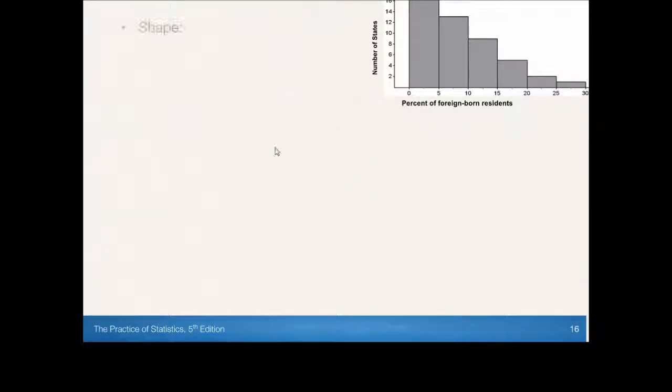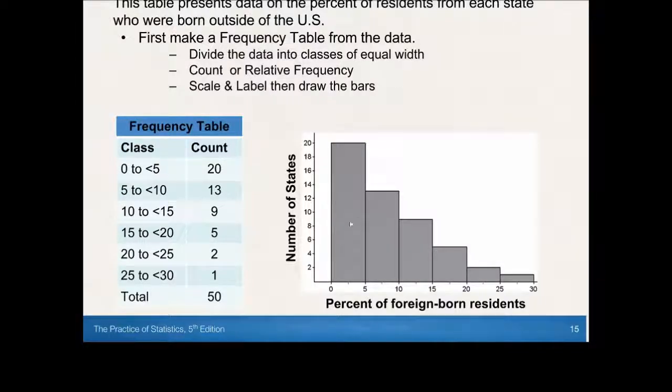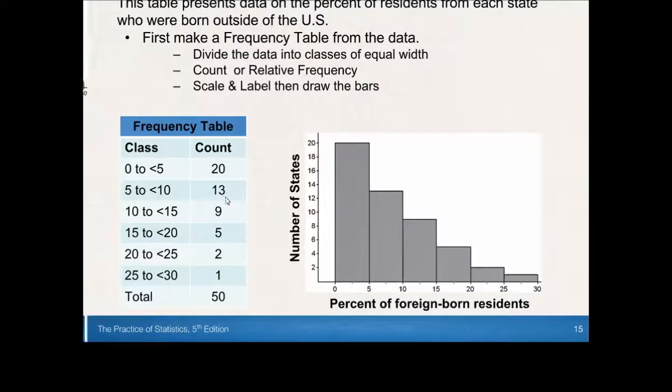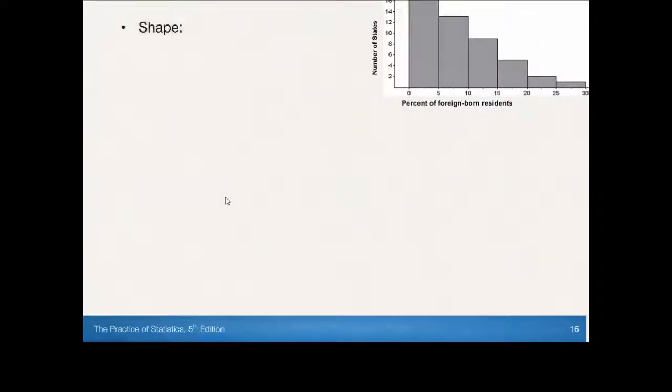So the shape: we say that it's unimodal because it has one peak, skewed to the right because this gets smaller here, and most are less than 10%. Well, we have to look back on our data table for that, but you can see that 33 out of 50 is less than 10%. So that helps us if we're looking at the data table.